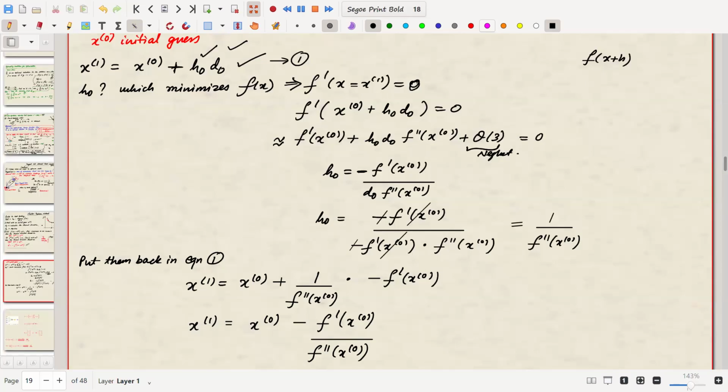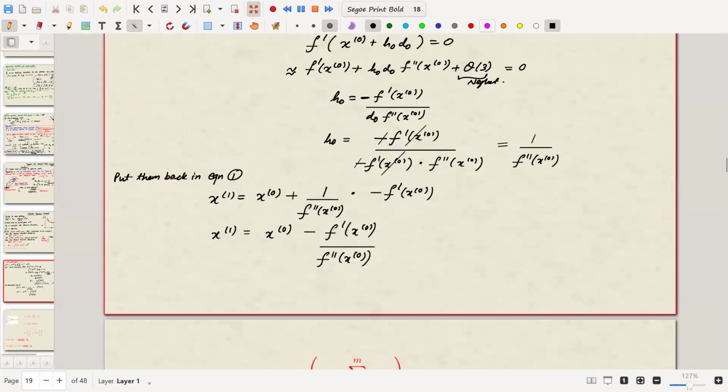You see something happening here. In general, you can write this as xk plus 1 is equal to xk minus f prime at xk divided by f double prime at xk.